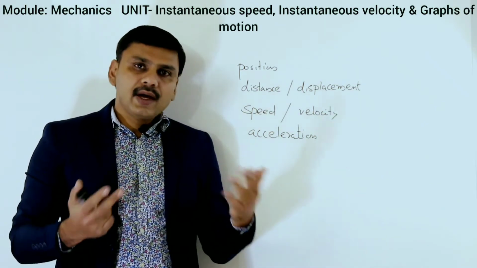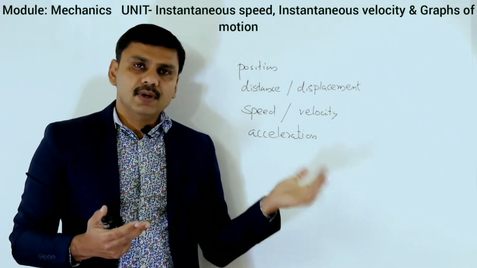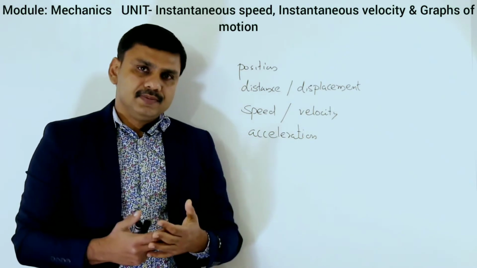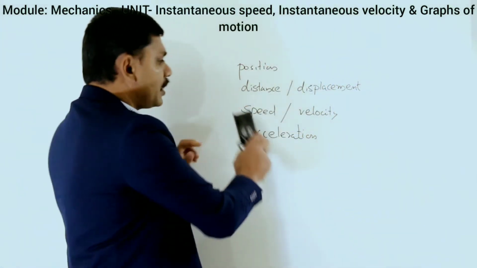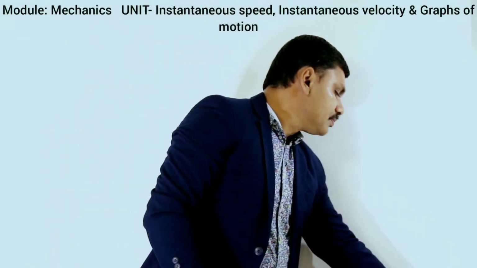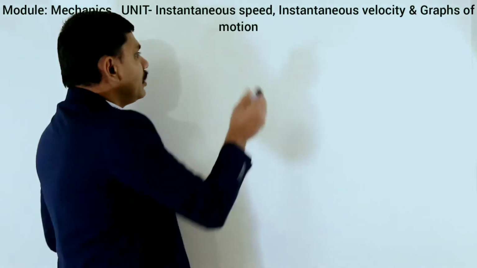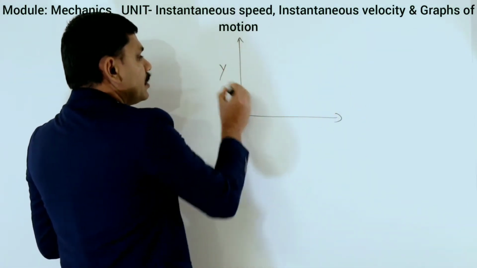So when you draw a graph relating these variables with the time, from a graph you can calculate two things. This is the y-axis, this is the x-axis.